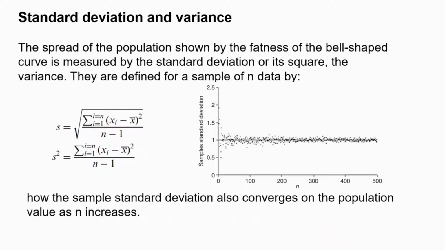Similarly, the relative standard deviation's square is called variance. So that is S squared, and you just have to take the square of that equation. The standard deviation is explained by the first equation.